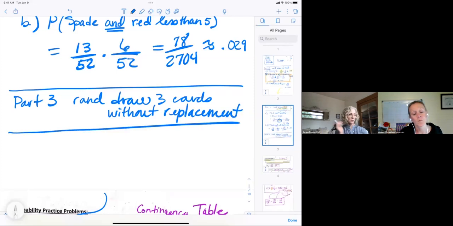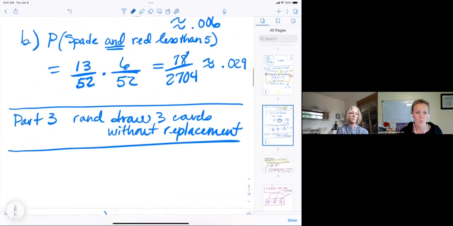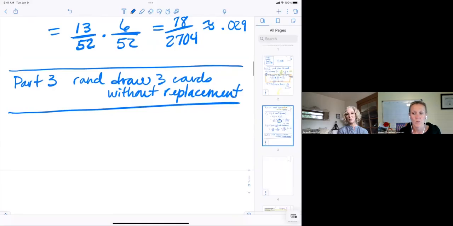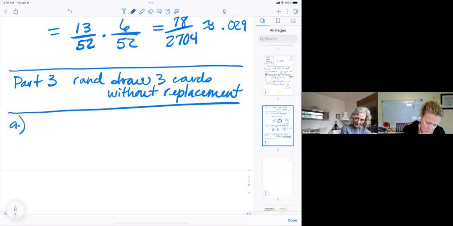So if we're randomly drawing 3 cards without replacement, then we know the denominator is going to change as we take the card out and put it to the side. The denominator for the next draw is going to always change. Part A says, what is the probability of drawing 3 black cards?